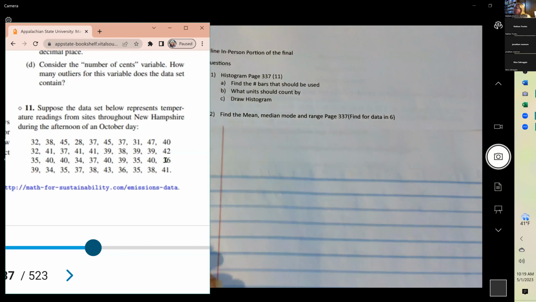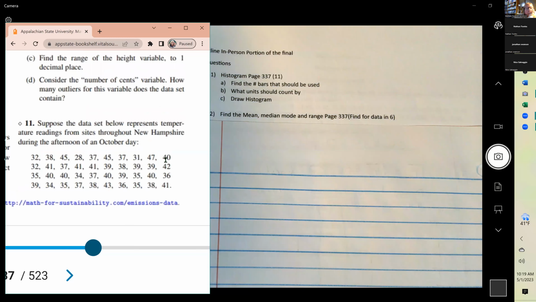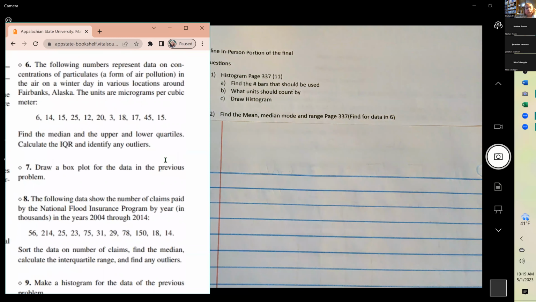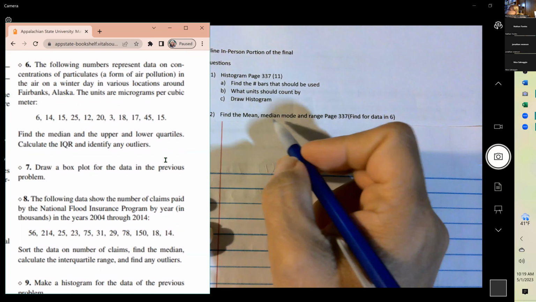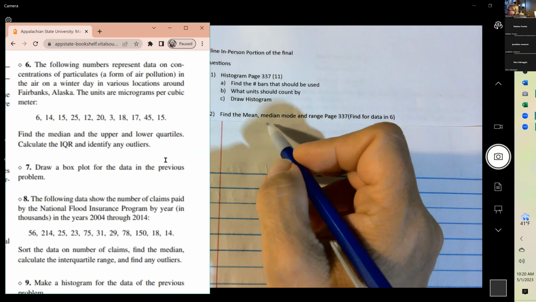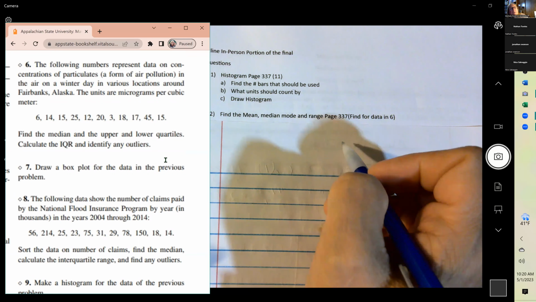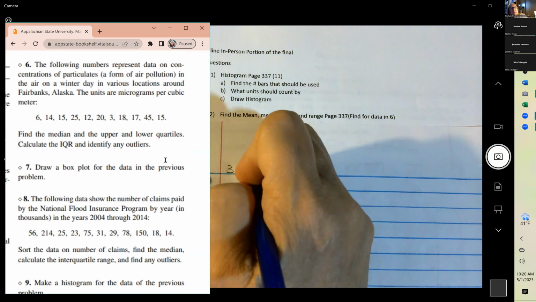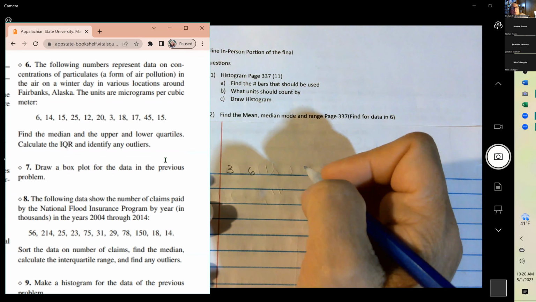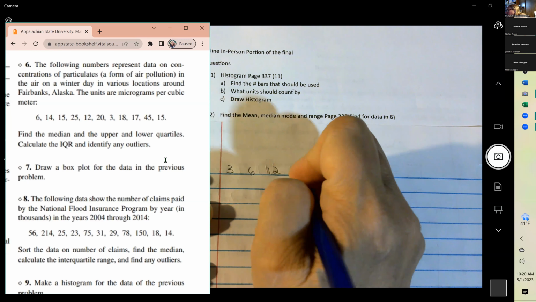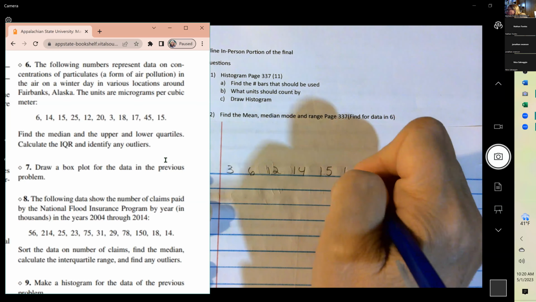So number 6. So we have these values and we want to find mean, median, mode, and range. Now, some of them we need to have them in a numerical value, so I'm going to put them in order. 3 is the smallest, and then 6, 14, 12, 12, and then a 14 and 2 15s.